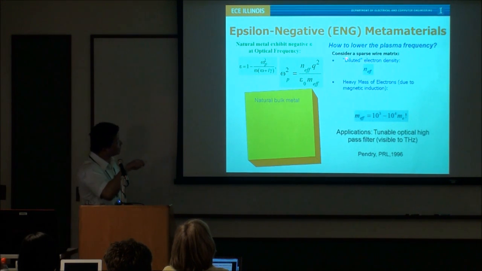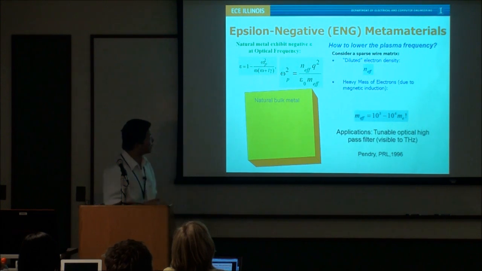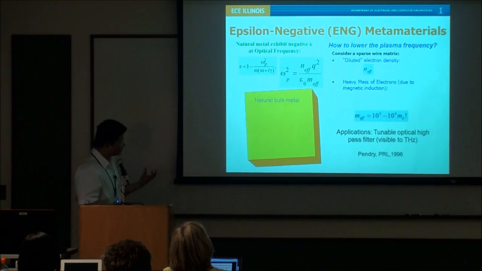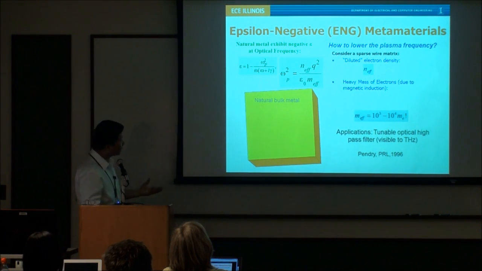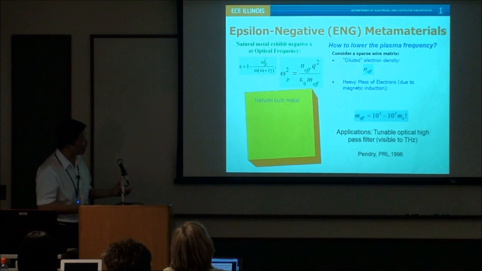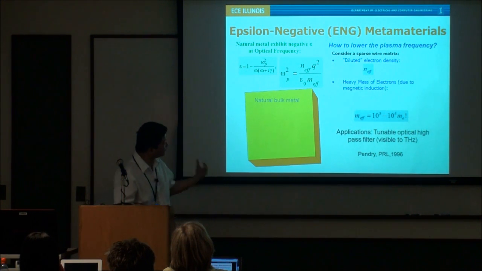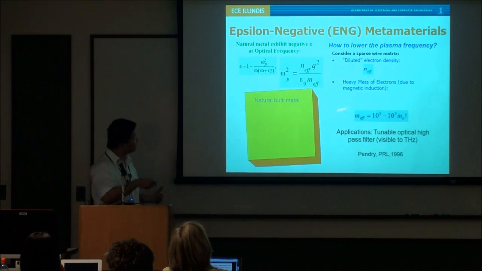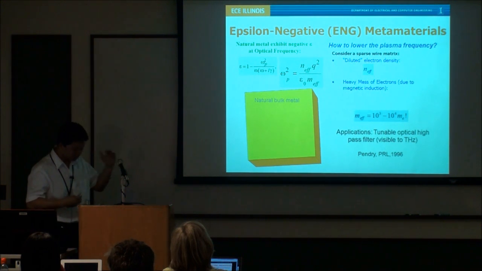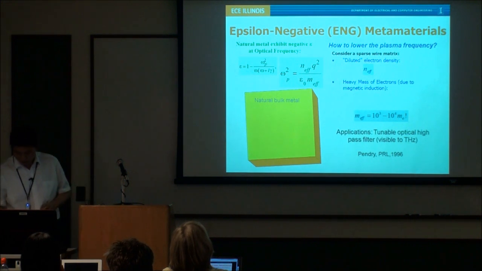And of course people also find different ways to try to lower the plasma frequency. For example, you can dilute the electron density, or you can apply very high magnetic fields to equivalently increase the effective mass of electrons. If you do that, then you could lower the actual plasma frequency of the metamaterials.